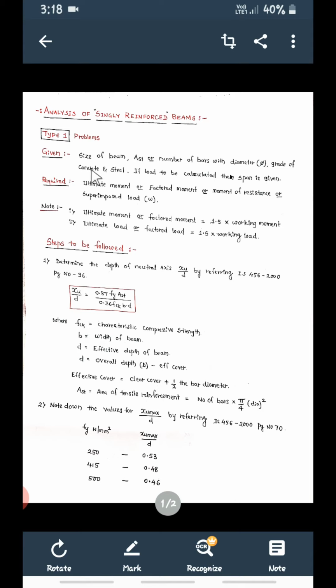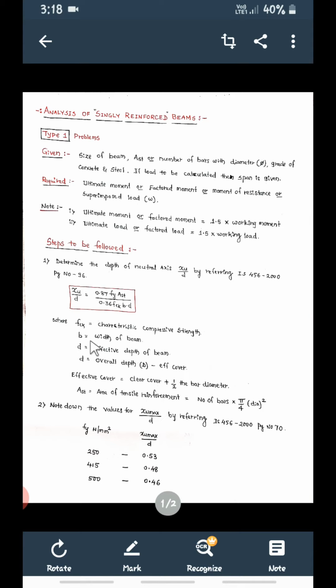If it is M15 grade concrete, then fck will be 15 Newton per mm square. If it is M20 grade concrete, then fck will be 20. If it is M25 grade concrete, fck will be 25 Newton per mm square. So depending upon the grade of concrete, first note down what fck is.